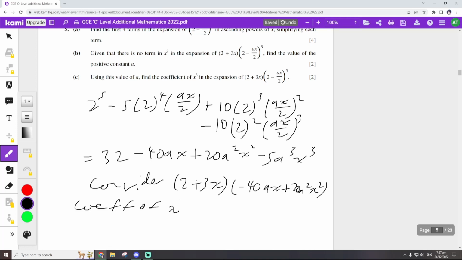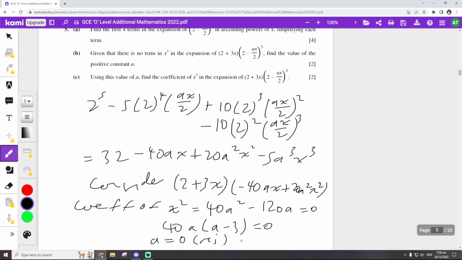The coefficient of x squared will be 40a squared minus 120a, which is 0. So I can factor out the 40a: a minus 3 equals 0. So a is 0, which is rejected because a is positive, or a equals 3.